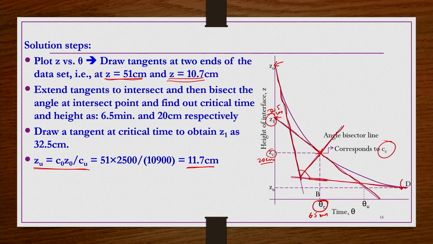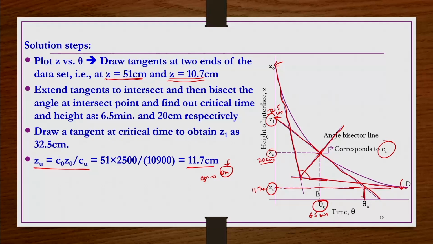Equation number 19 we can use to get theta u, because theta u is the required information in order to get the area. That way you can do it, or graphically also. At Zu equals 11.7 centimeters, you draw a horizontal line, and this line intersects the tangent at theta equals theta c at a certain point.